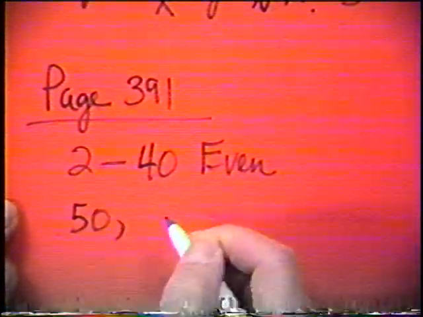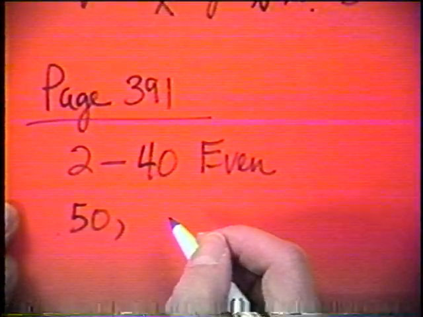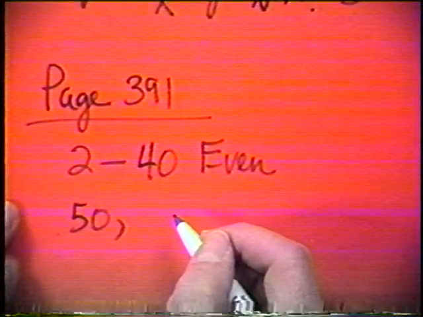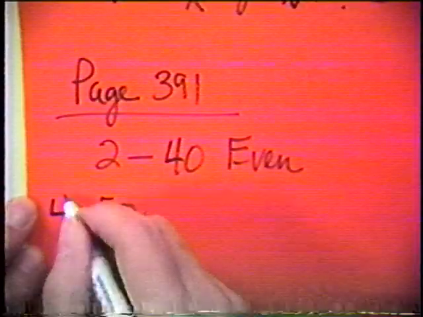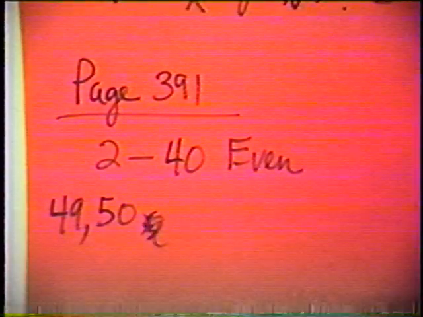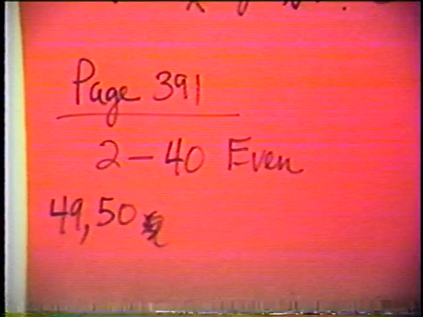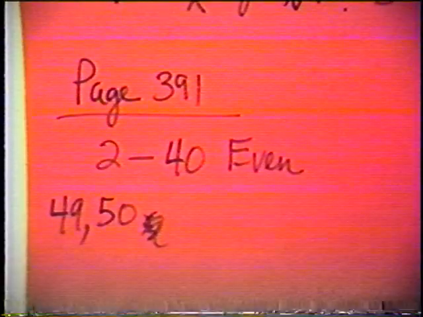Let's do one other one, 50 and 54. No, I don't want to do 54. 55. Let's see. All right, we're going to do 49 and 50. I'm doing none of them with letters. I wanted two numbers, and I guess 49 and 50 are the only two with numbers, aren't they? So 2 through 40 even, 49 and 50.